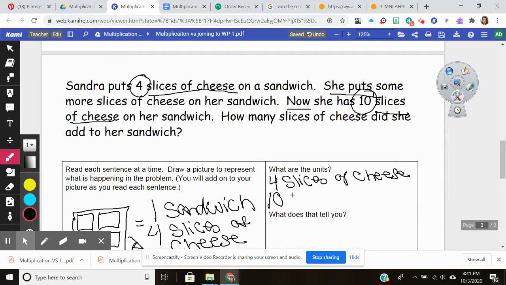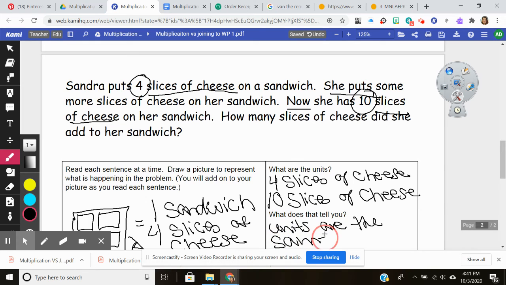So I'm going to write 10 slices of cheese. So what does that tell me? Well, if I'm looking at it, I'm noticing that my units are the same. So what does that tell me?